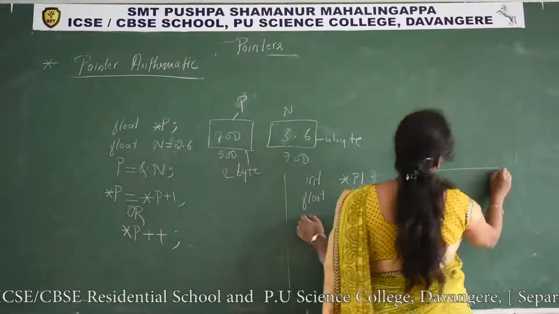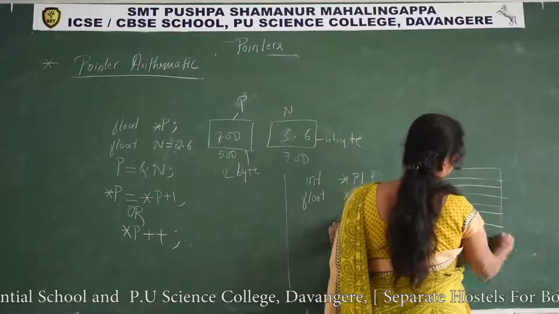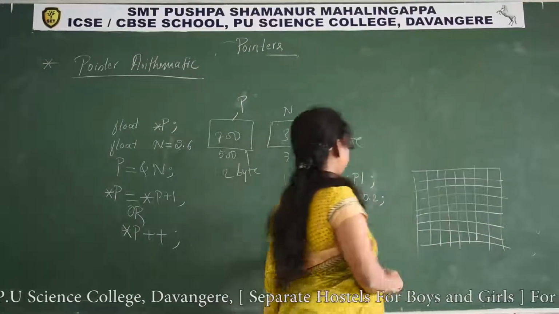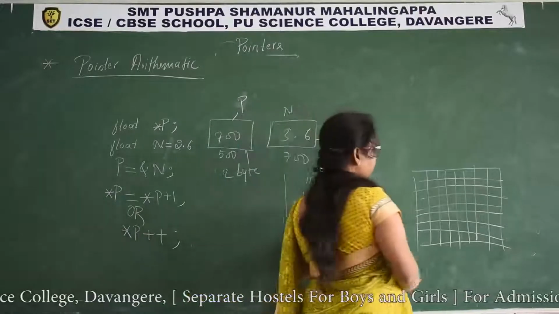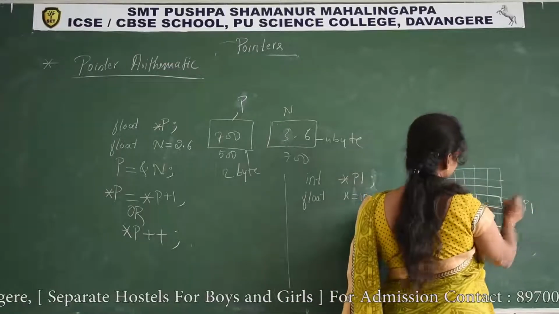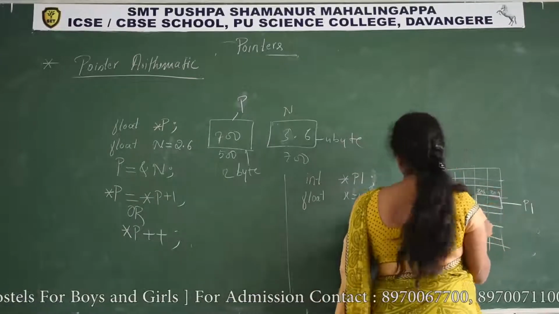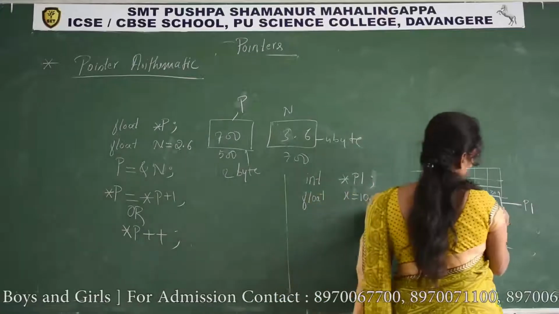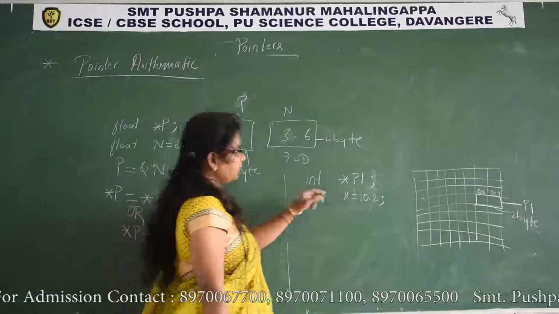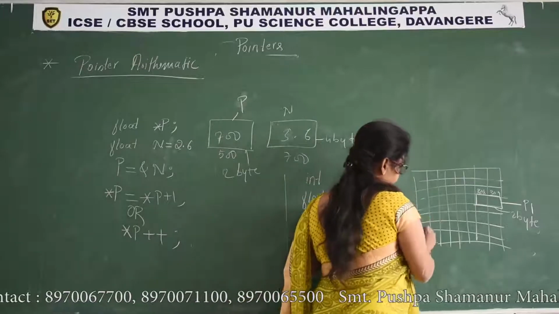So let us assume this is RAM and these are the memory cells in the RAM. When I read this statement, somewhere 2 byte memory will be allocated for the pointer. I'll consider 308 and 309. So its name is P1 and it is 2 bytes. There is a variable, that is a floating type variable. Somewhere 4 byte memory will be allocated.